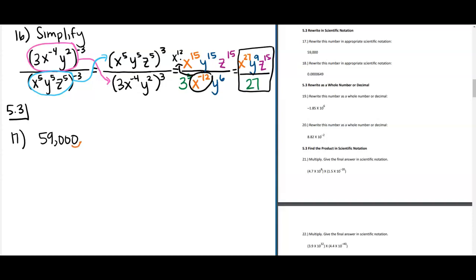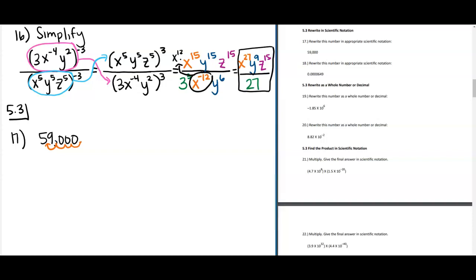And we need to move that decimal so that we have a number that's between 1 and 10. And so it has to move between that 5 and the 9 to give us 5.9. If we left it one place before it, then that would be 59. And 59 is not a number between 1 and 10. So we've got to make sure that we have it there.